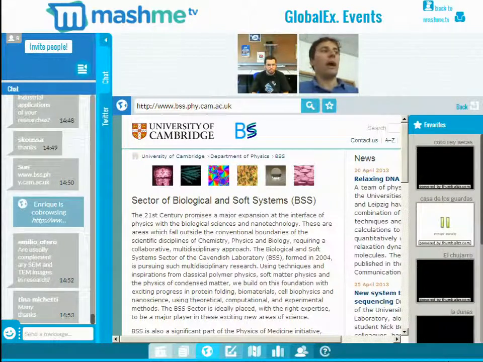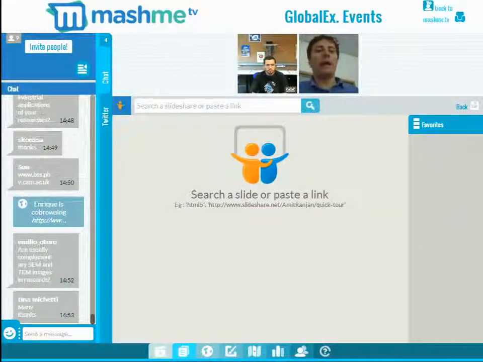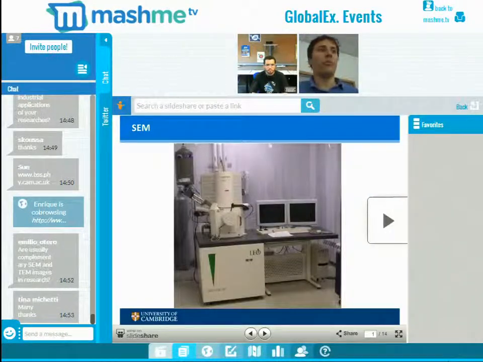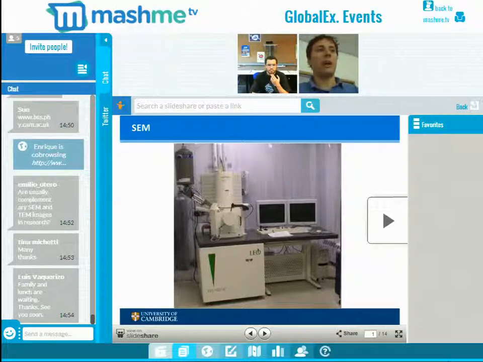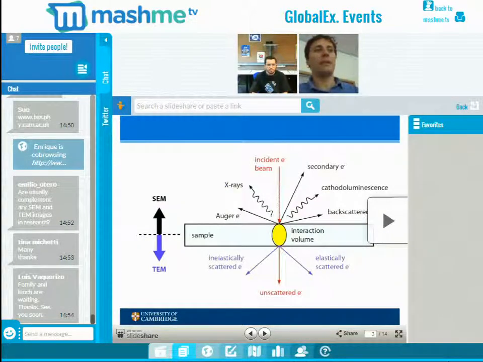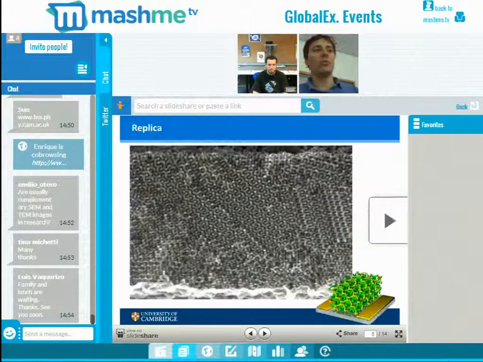Also, for example, with SEM, like in the first slide I showed you, when the electrons interact with your material, you also get X-rays.